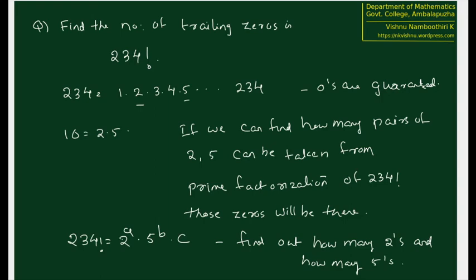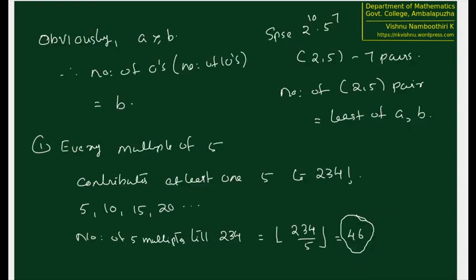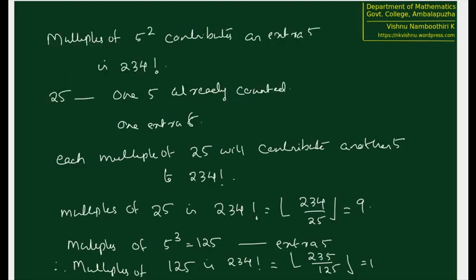So, for finding the largest power of 5 dividing 234 factorial, what we did is we found the floor of 234 by 5, the first possible power of 5 included in 234, next the floor of 234 by 25, and after that the floor of 234 by 125.